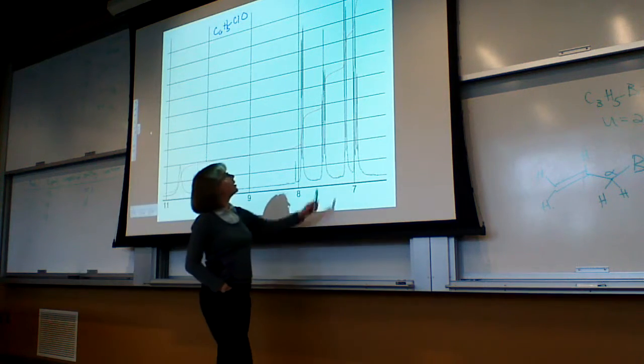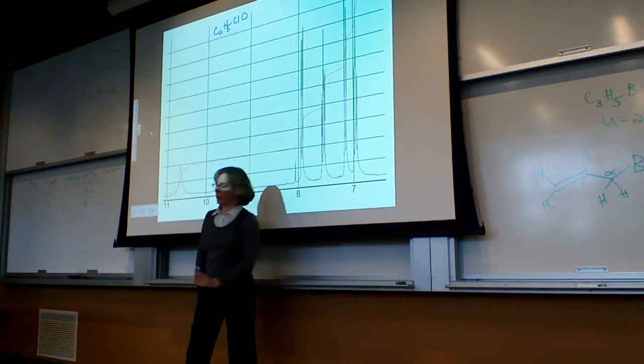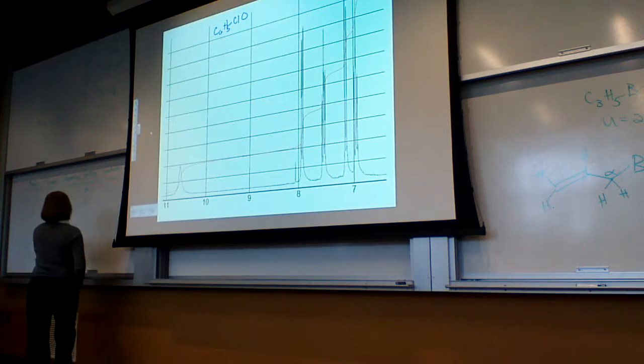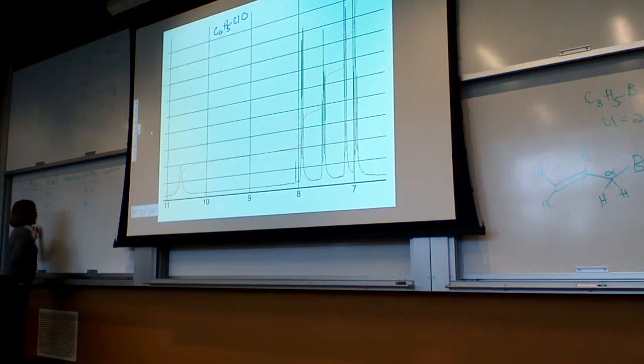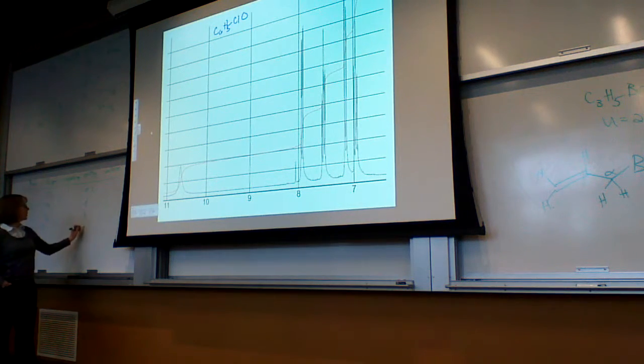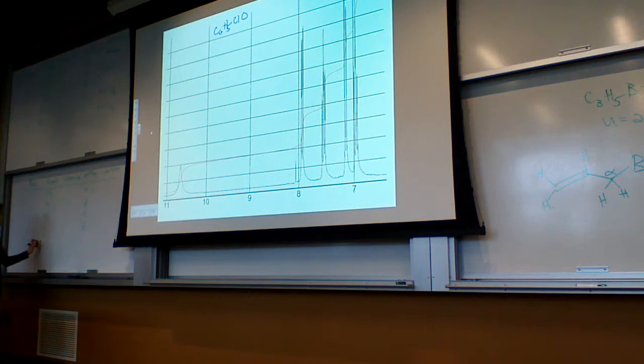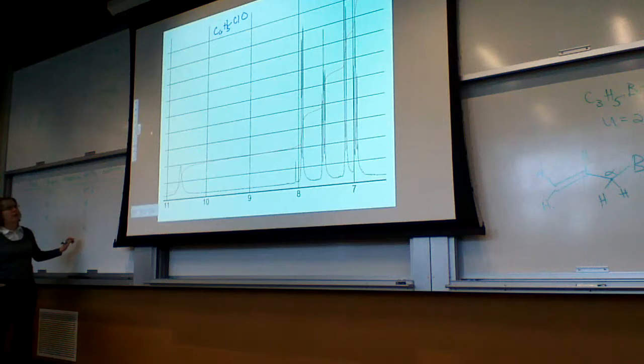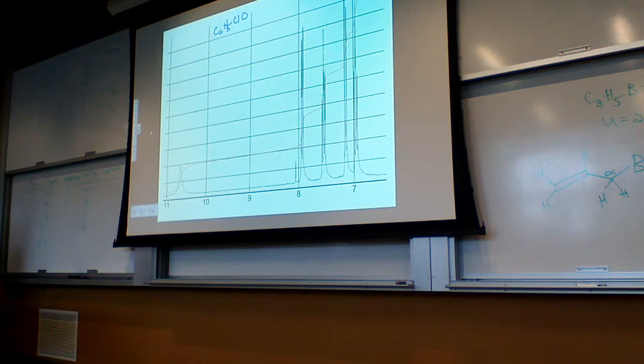This one is a triplet. 7.1, 1 hydrogen. This one is a doublet. And 6.9, 1 hydrogen. That one is a triplet.